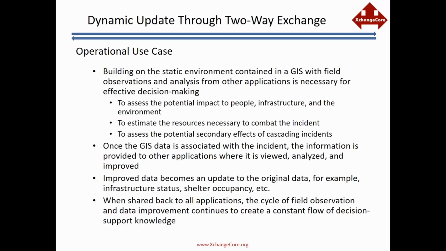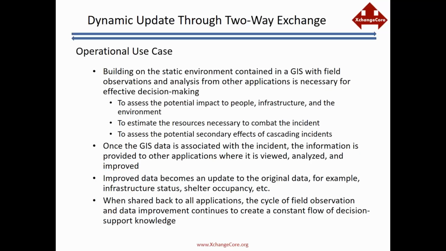So the way this unfolds is once the GIS data is associated with the incident, information is provided to other applications, just like we did earlier, viewed, analyzed, improved. But now that improved data is going to go back, update the original data, changing the status of an infrastructure, or maybe even just the occupancy of a shelter.